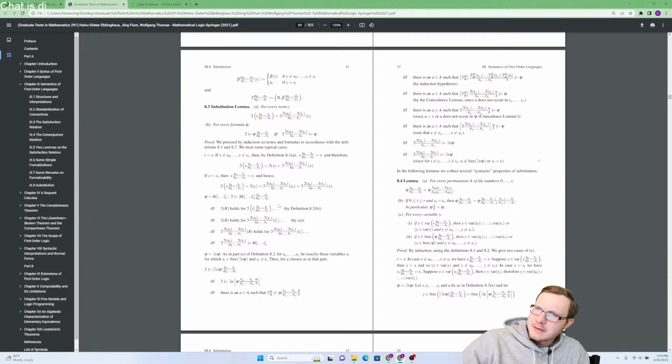So does that just map to a function? That's not a function.